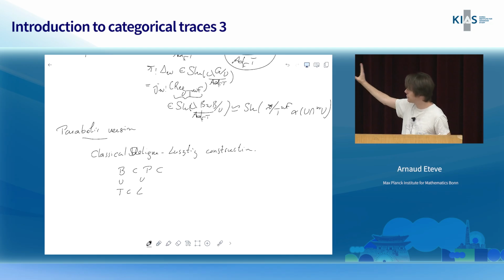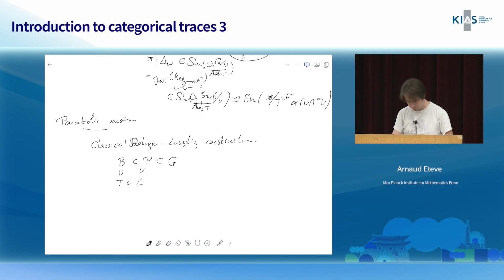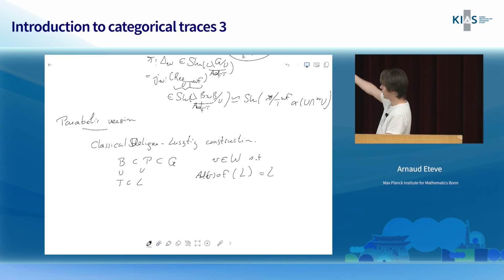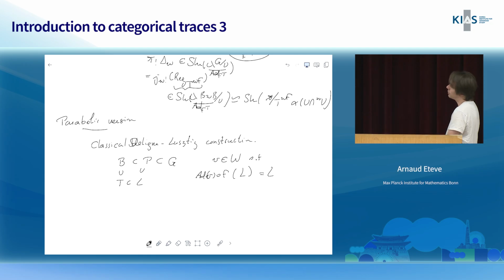So we do not assume that either P or L are stable under Frobenius. But we're going to choose some v in the Weil group such that Ad v composed with Frobenius preserves L. And that's really just the generalization of saying, okay, you want to look at the morphism w times F acting on the torus. For the Levi, you want something like this, and so you cannot always assume that the Levi is stable under such an automorphism.